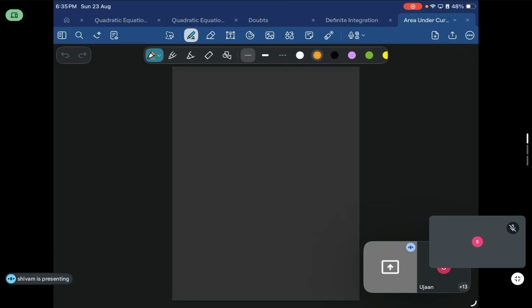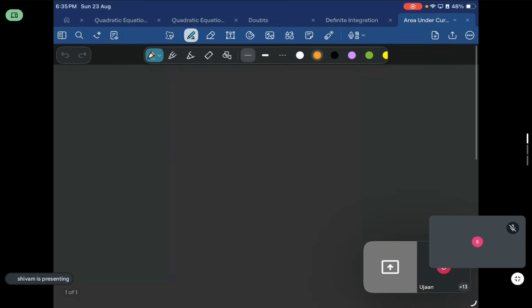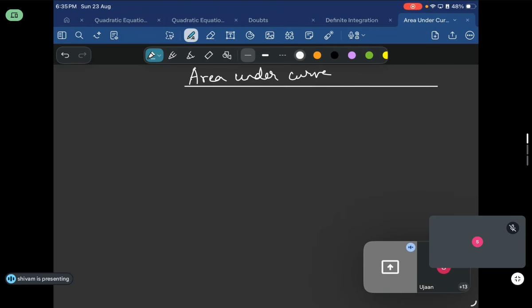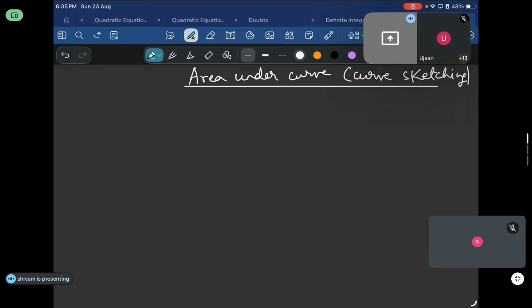Okay, let us start. Area under curve. Okay. So area under curve is totally based upon curve sketching. Okay, curve sketching. Let us start.